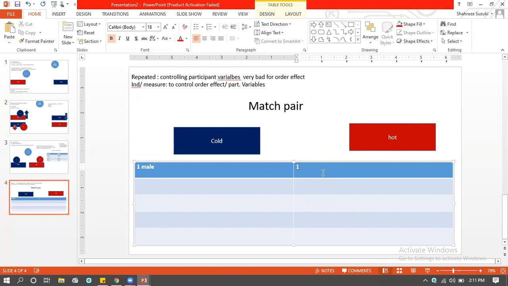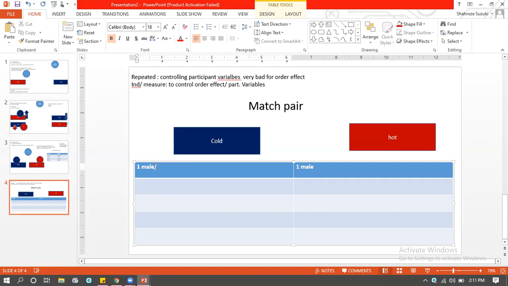Likewise, putting all the females in the cold and all the males in the hot is going to be unfair. So we need to make sure both conditions have equal genders. So if participant number 1 in the cold condition is a male, participant number 1 in the hot condition is also going to be a male.